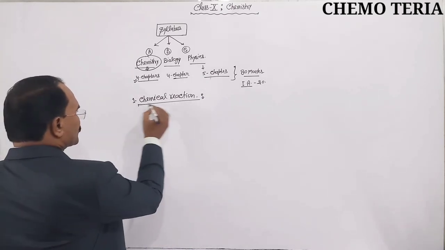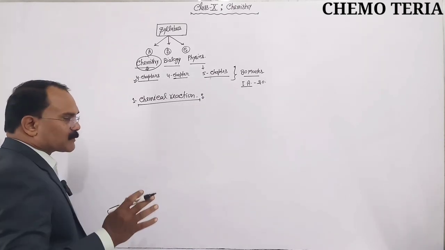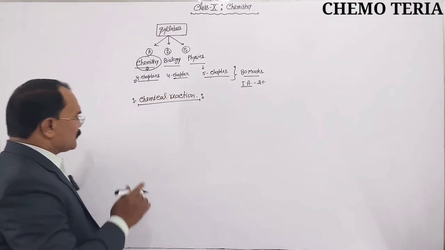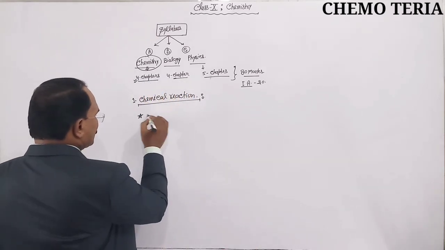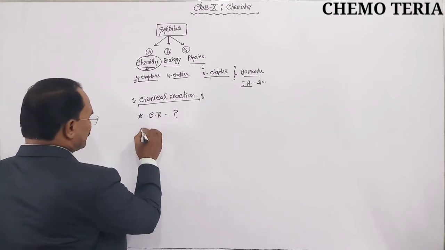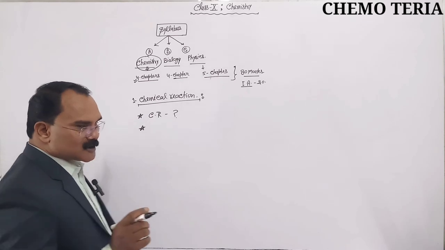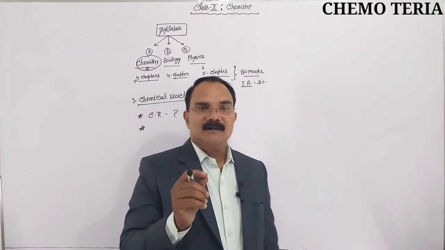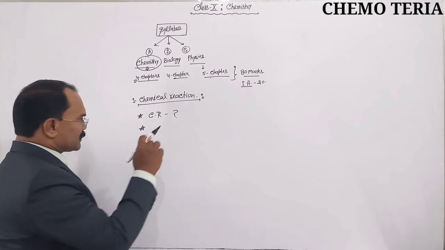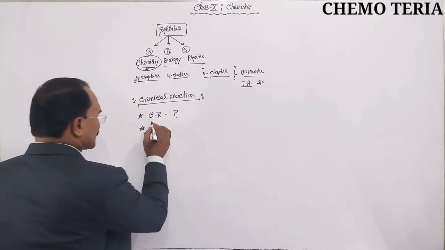In order to understand this chapter in this video session, we will try to understand first of all what a chemical reaction is. Then the salient features, that is, the explanation of the terminology included in the definition of a chemical reaction.